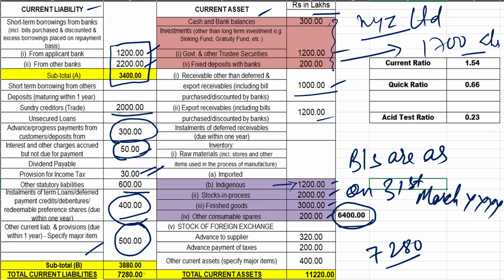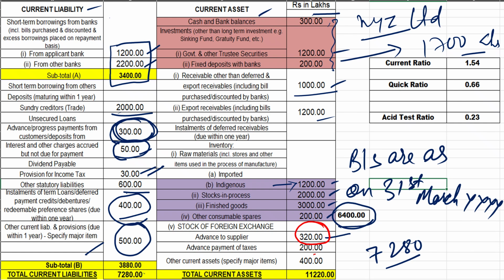Advance this company has paid to its suppliers. Here the advance taken was from the customer, and this one is advance paid to its suppliers. Okay, this is an asset.